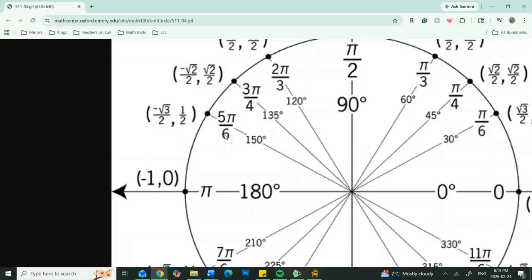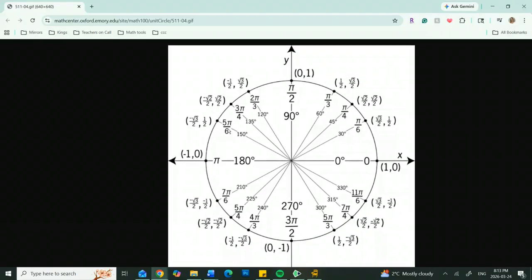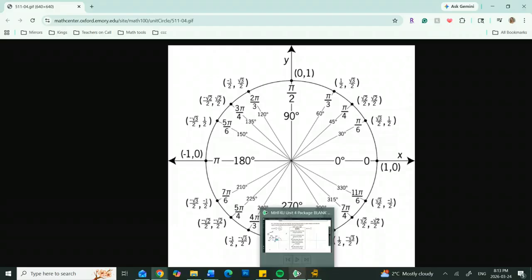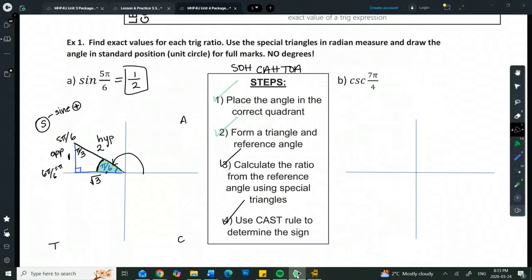The x-coordinate tells us the cos of 5 pi over 6 at this specific radian measurement. So if you know the unit circle, you can actually answer these questions fairly quickly.